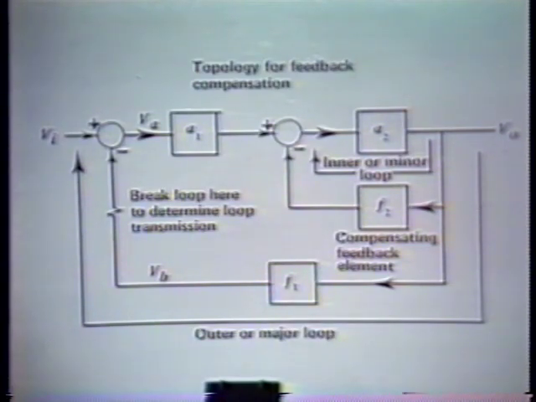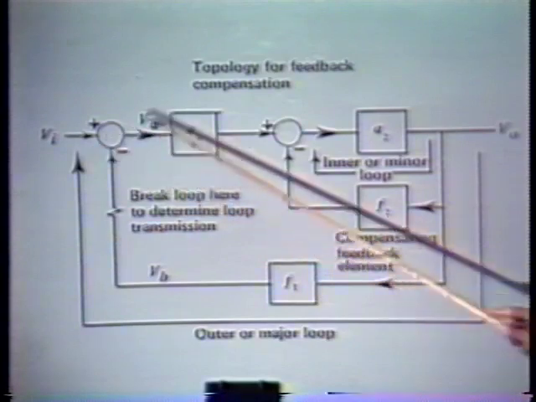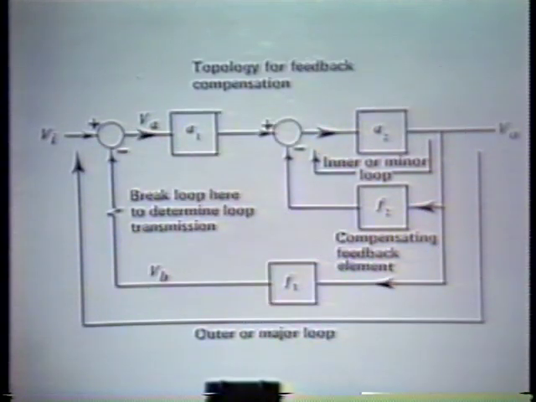The way we then try to do compensation or try to effect compensation for this kind of a system very frequently boils down to the choice of the element used or the transfer function used for F2. So our hope is that we can select F2 in order to get acceptable performance from the overall system.